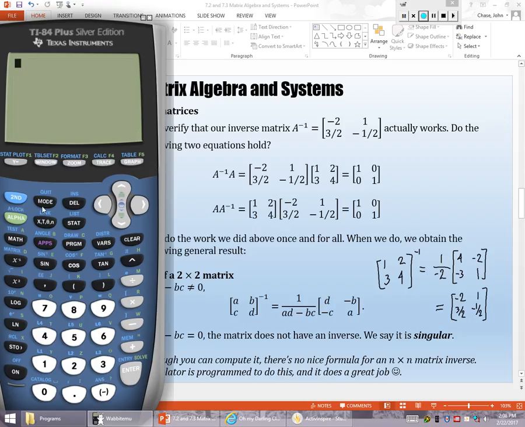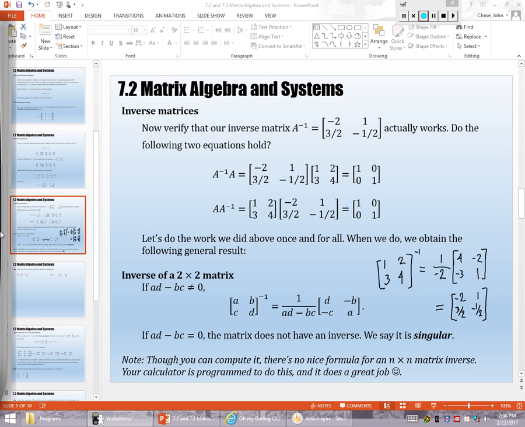And then if you do second matrix A inverse, let's see if we get the right thing. Let me say it's a fraction. Is that what we got? Pretty cool. And if you do second matrix A inverse times matrix A, what should you get? The identity, right?